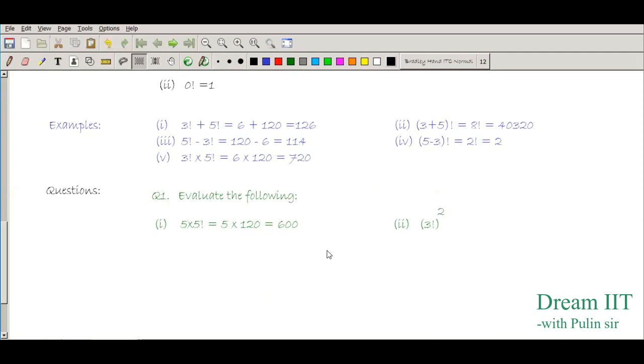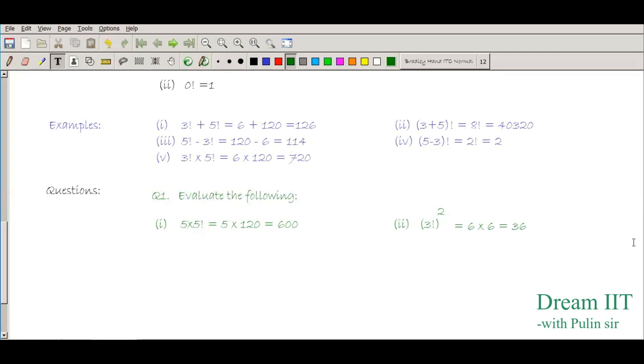So what will be factorial 3 whole square equal to? That will be equal to 3 factorial into 3 factorial. 3 factorial is 6. So 6 into 6. That is giving you how much? 36. So you cannot say that it is 3 square factorial, otherwise it will be 9 factorial. It will be very long and big, and they will not at any time be equal. So this is one of the parts.